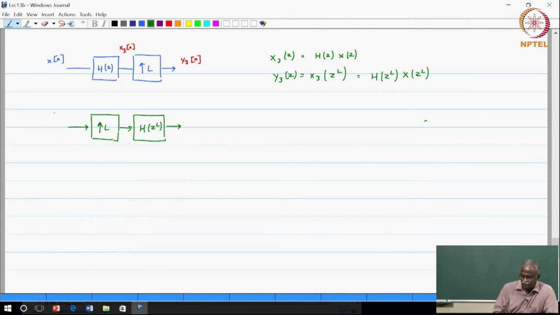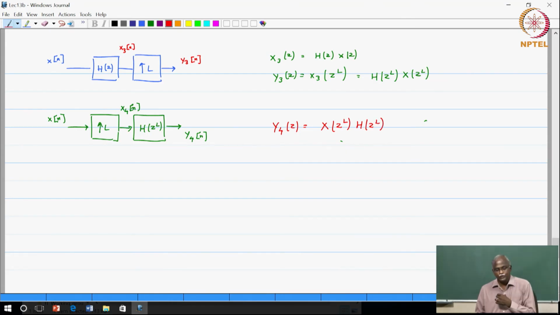This is x of n, x4 of n, y4 of n. x4 of z will be x of z power L, and the output y4 of z will be, so let us write down the final answer. y4 of z is nothing but x of z power L, h of z power L. So, here again we have shown two structures that are equivalent.